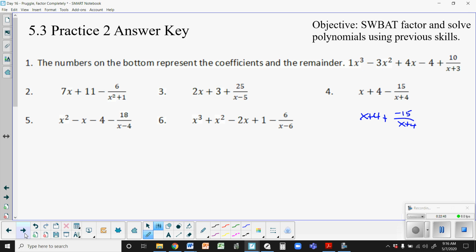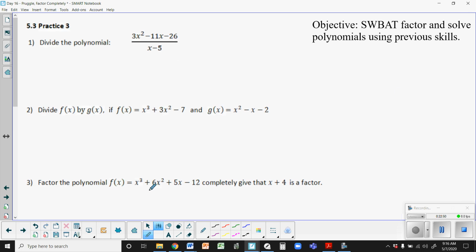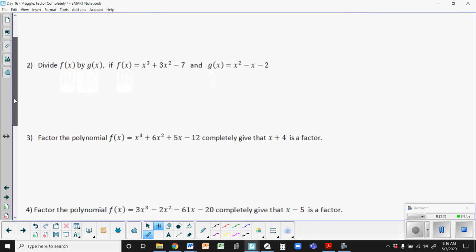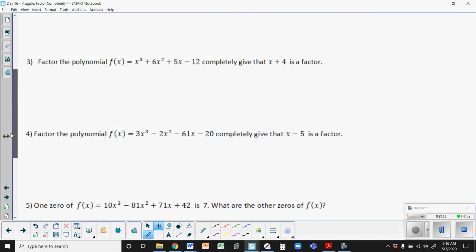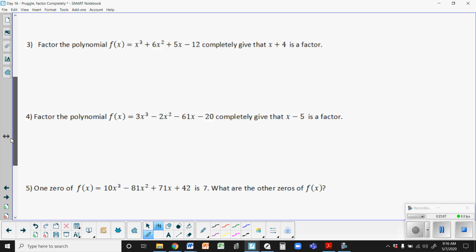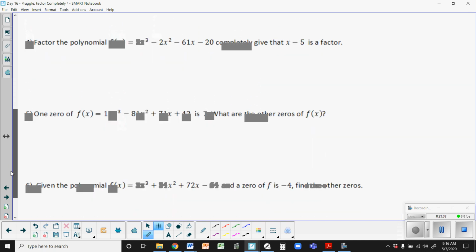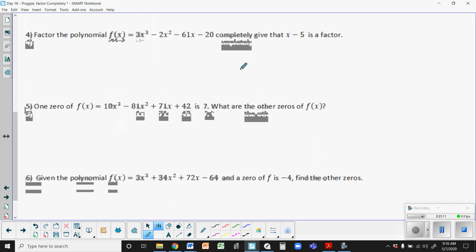And then here's your homework for today, due Friday. So we're dividing the polynomial. We're dividing f of x by g of x. Then we want to factor the polynomial, given that we have a factor for number 3. And then 4, 5, and 6: factor the polynomial, given that x minus 5 is a factor.